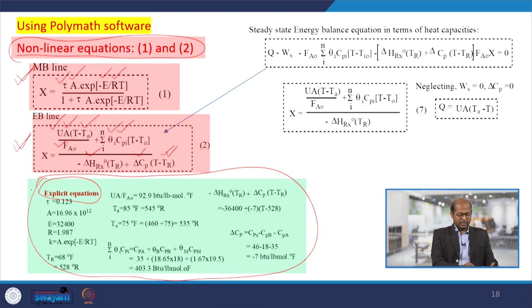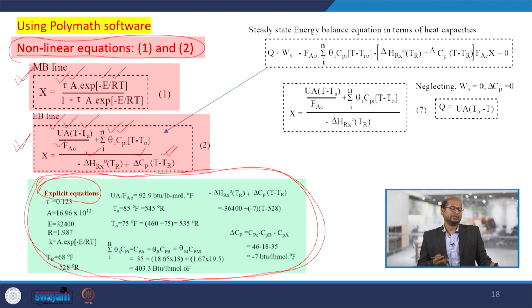Here in the green shade, all these known parameters we should know for this particular reaction. These two nonlinear equations you have to put inside the Polymath software. Open Polymath, and for nonlinear equations we want to solve, these are the two nonlinear equations.